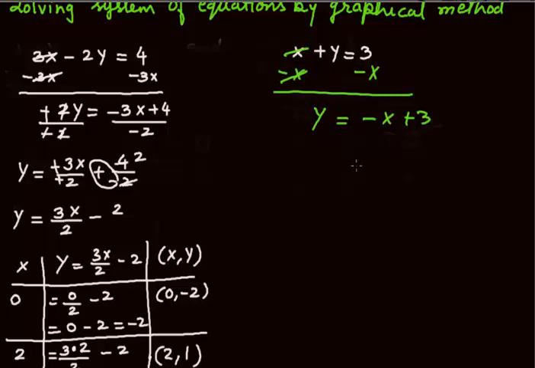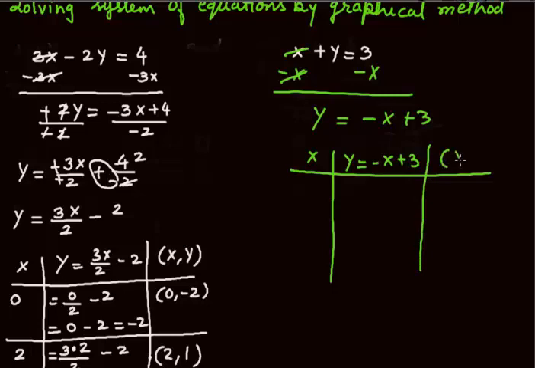Now I'll again prepare a function table for the second equation. First, I'll take x equal to 0. So it will be 0 plus 3, which is nothing but 3.